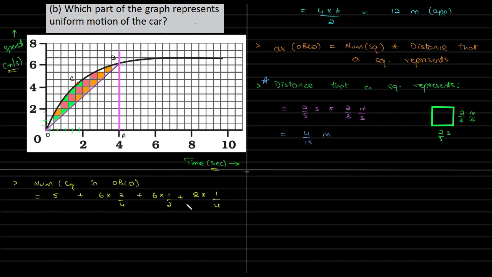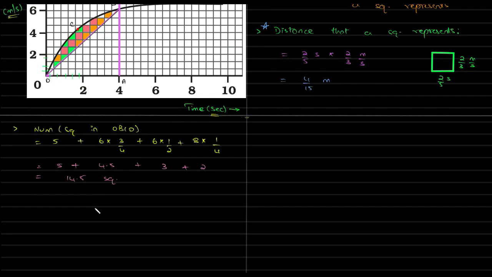Again, it will make my calculation easy, right? So all those values put together come to 14.5 squares, not meters, this is squares. So there are 14.5 approximately squares.